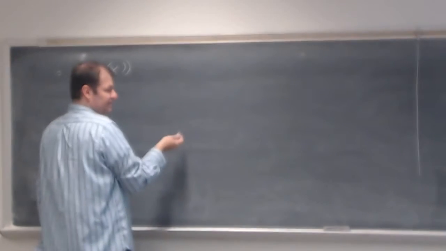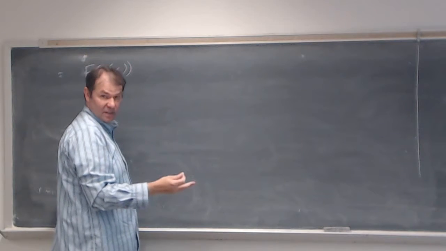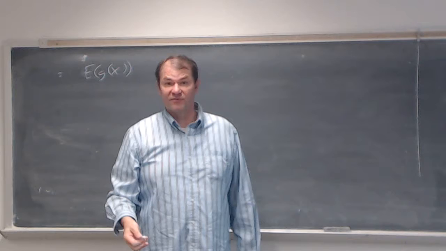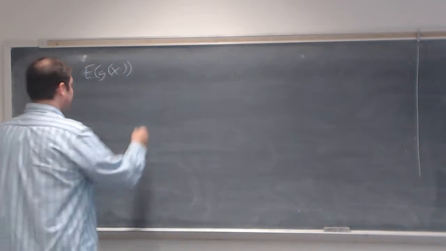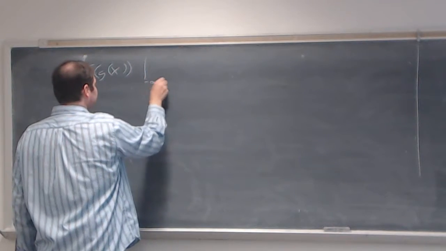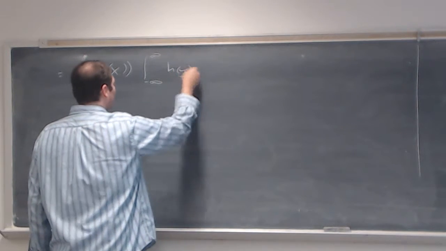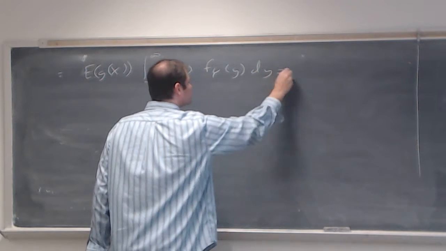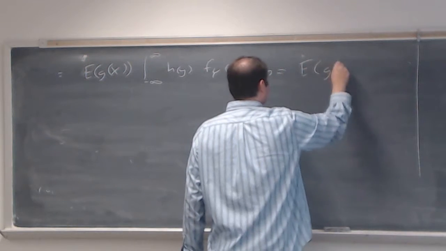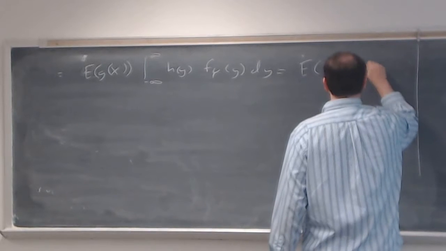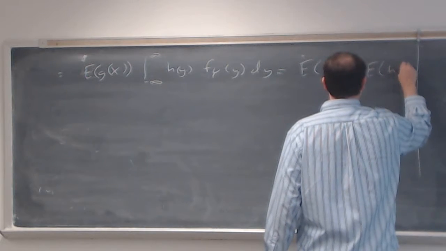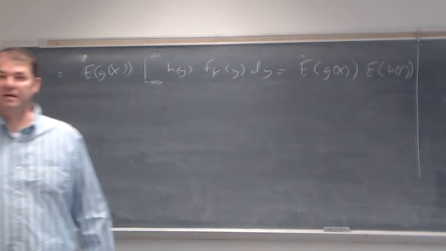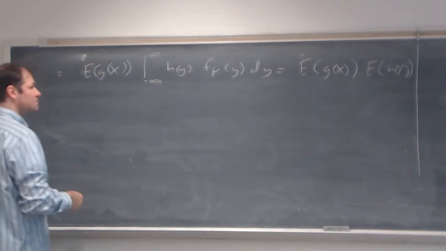Of course, we're assuming the expected value of g of x is a finite number here, unless it's infinite, okay? So we're going to assume that it's a finite number. Here, it's the integral from minus infinity to infinity of h of y, f sub y of y, dy. But of course, the second integral is nothing more than the expected value of h of y. And so that proves the statement in the case where x and y are both continuous.